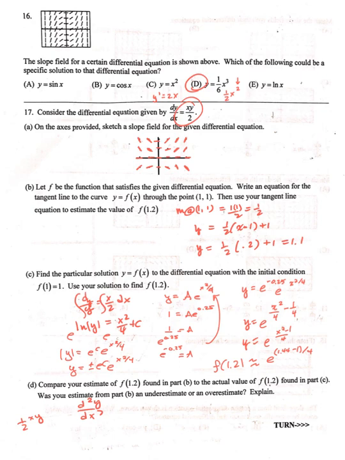Okay? Now, constants factor out of derivatives, so I'm just going to leave the half outside. Okay, so I have the derivative of the first times the second plus the first times the derivative of the second. But remember, I already know that dy dx is equal to xy over 2.